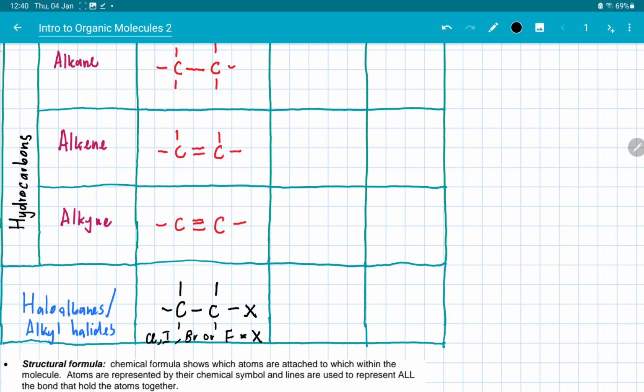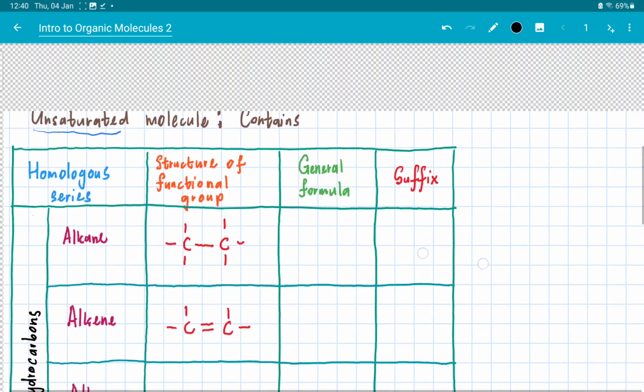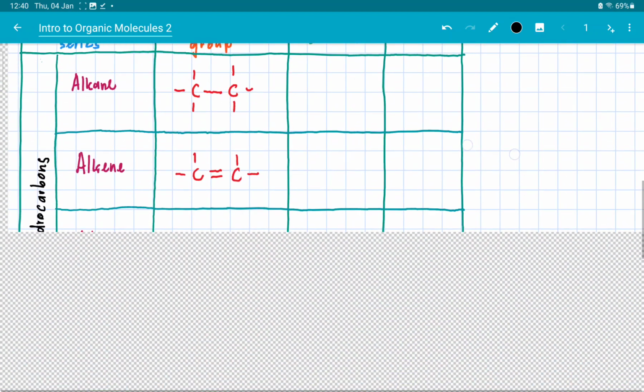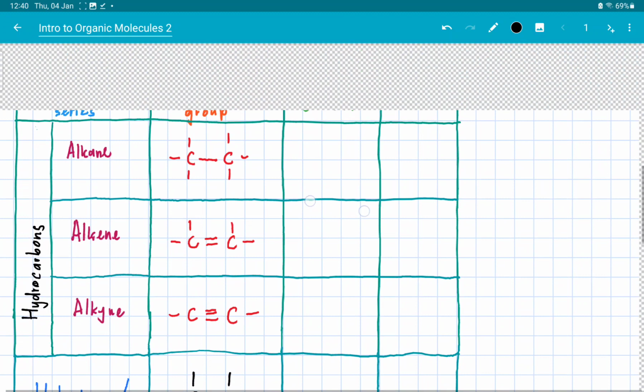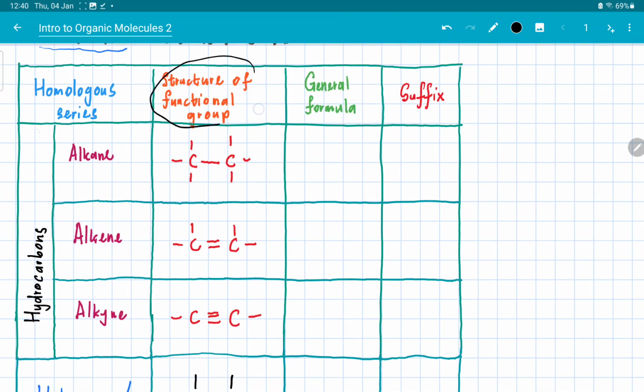Now look at the structure, by the way, to emphasize the point. If I'm drawing a structure of a functional group, I will never put the hydrogens, because the minute I put hydrogens here, that's not a general structure of the functional group of alkanes.